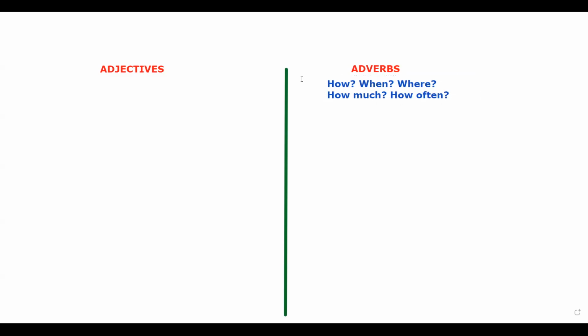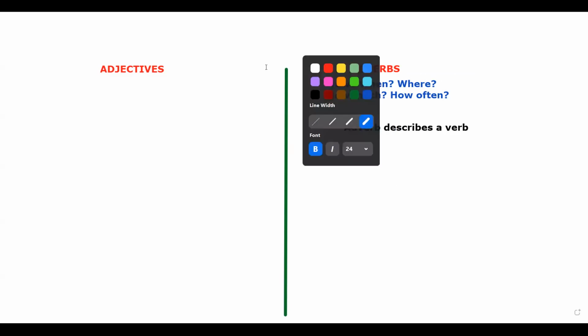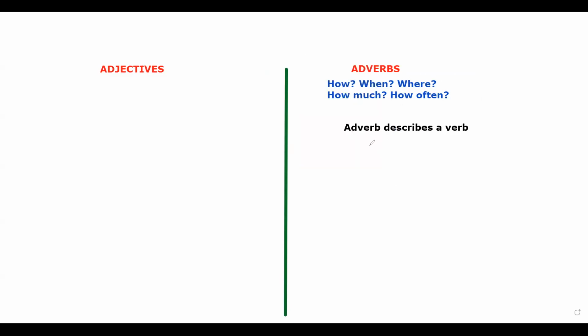The main thing here is to understand that the adverb describes a verb, any verb in a sentence. So this is the rule of the adverb: you see verb, right?